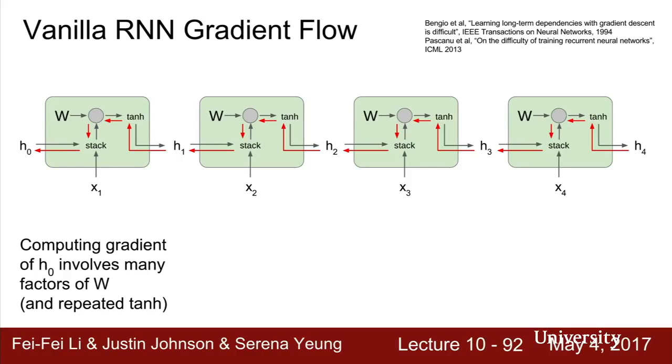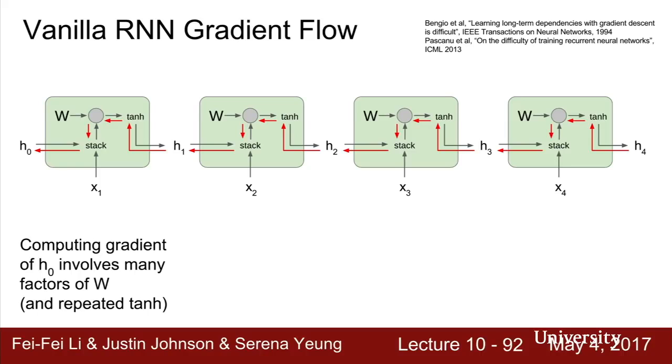When we want to compute the gradient of the loss with respect to h0, we need to backpropagate through every one of these RNN cells. Every time you backpropagate through one cell, you'll pick up one of these W transpose factors. So the final expression for the gradient on h0 will involve many, many factors of this weight matrix, which could be kind of bad.